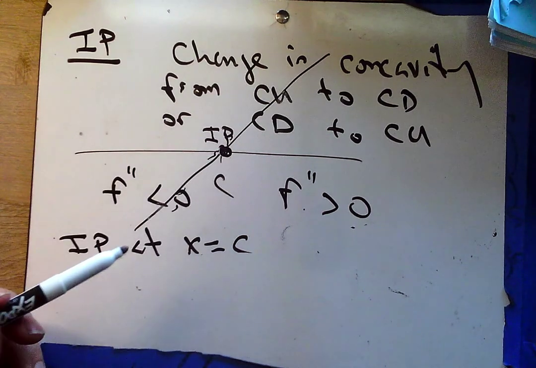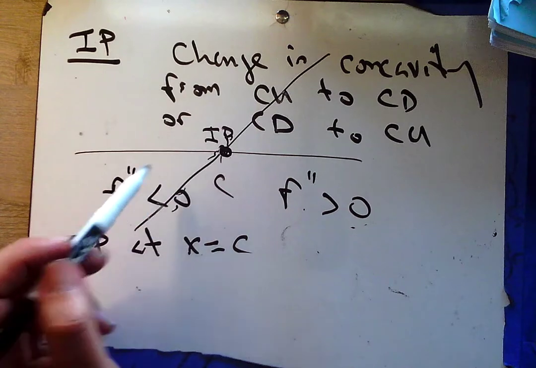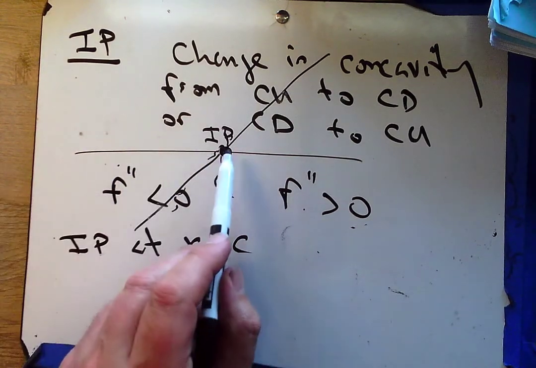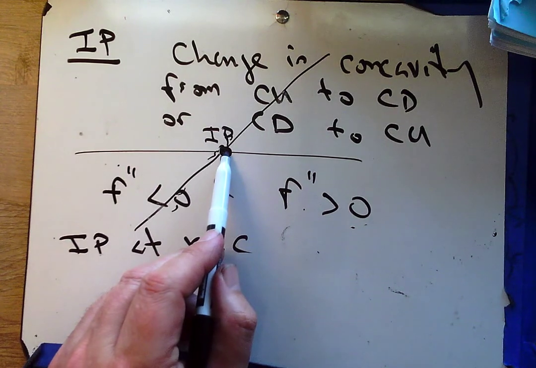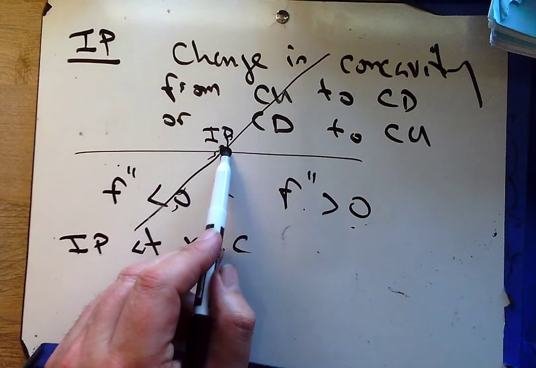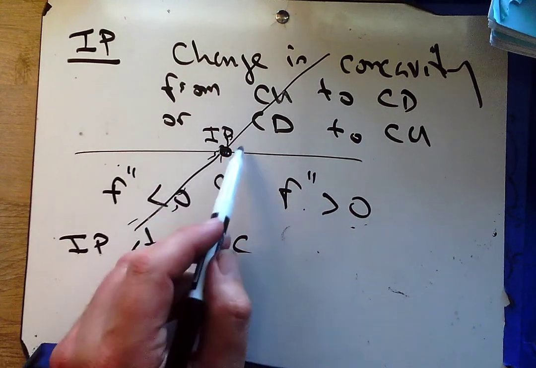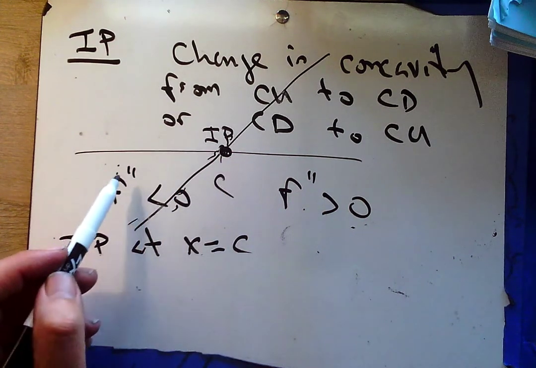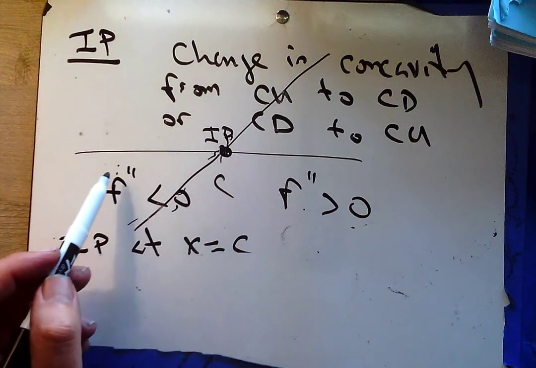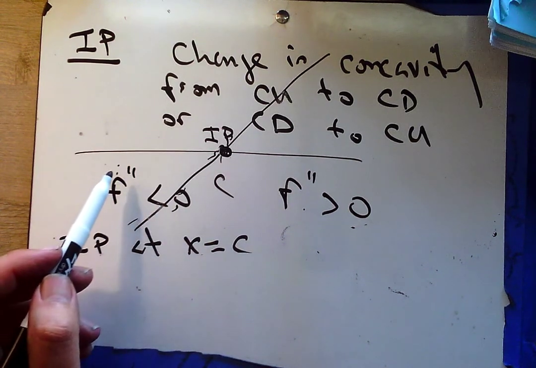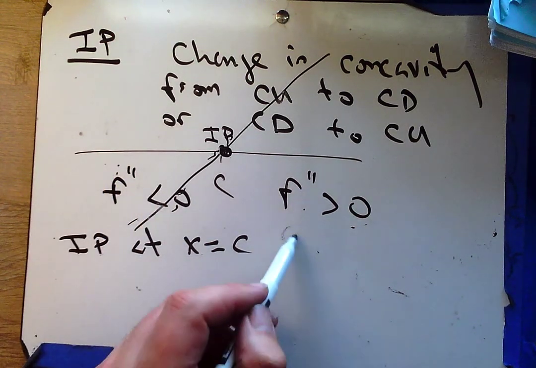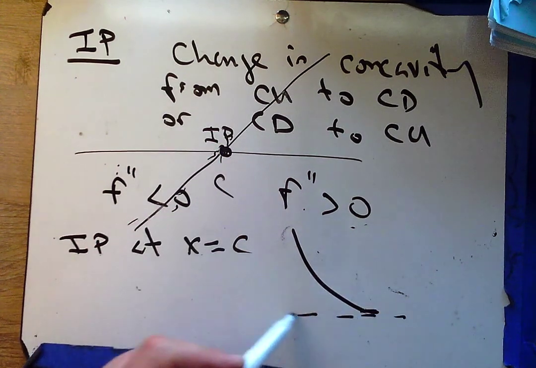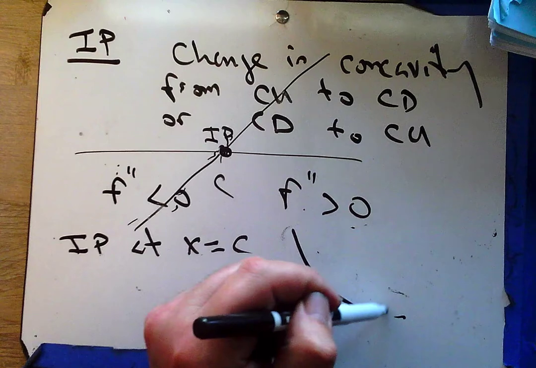Well, since f double prime represents the slopes on f prime, I must have a 0 slope on f prime at this place. And because these y values are negative on f double prime, that must mean the slopes are negative on f prime. So negative slopes, a 0 slope, and then positive slopes.